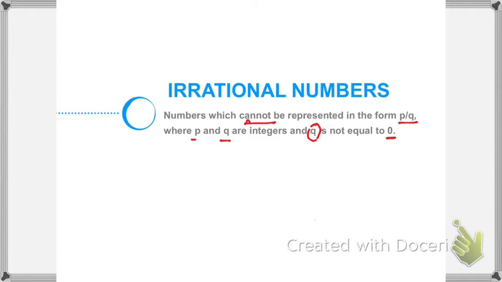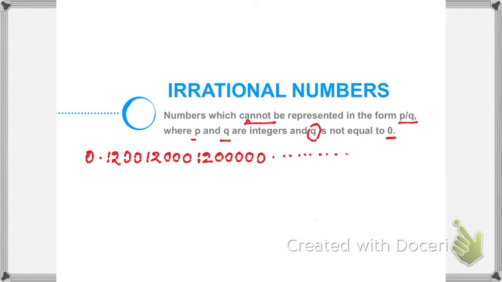Examples of irrational numbers are like 0.1200, then 1 to 5 zeros, and so on. It keeps on continuing.